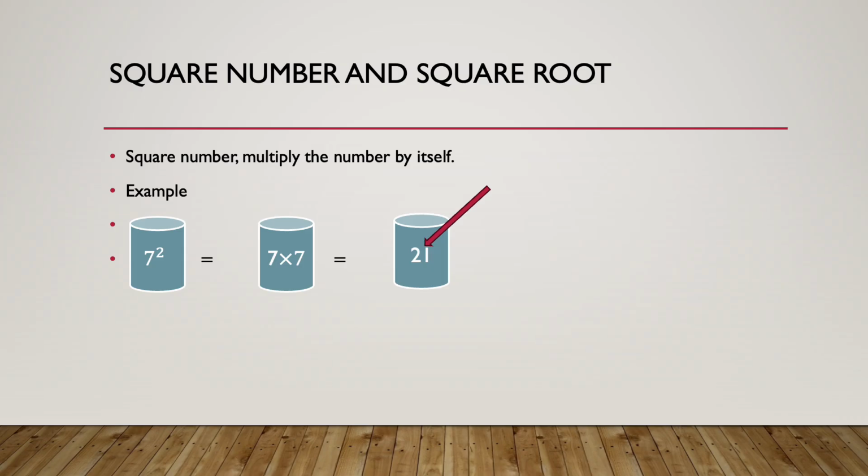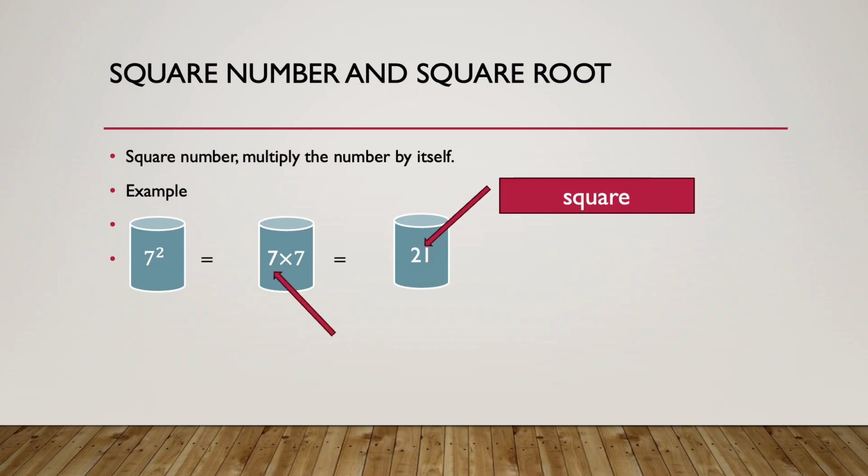Square always means a number multiplied by itself. When a number is multiplied by itself, the answer is a square.